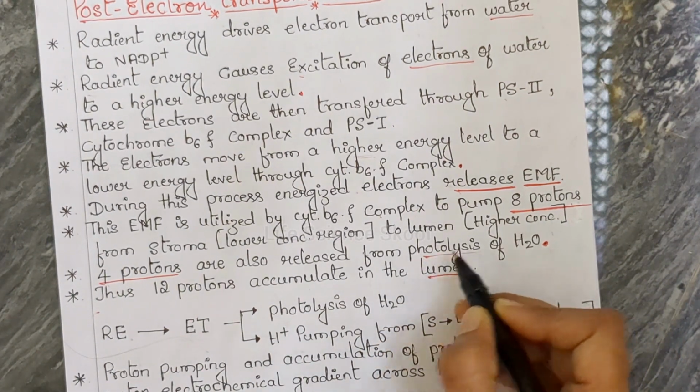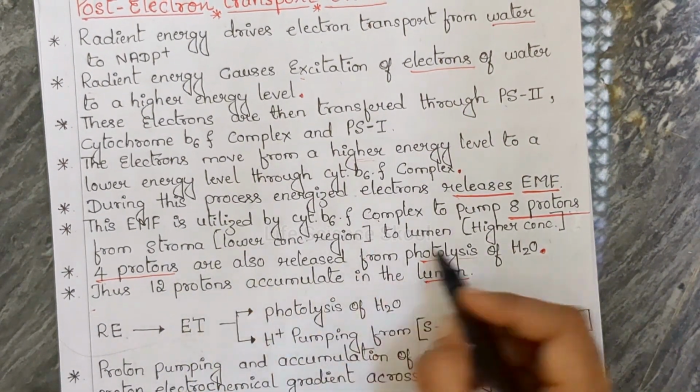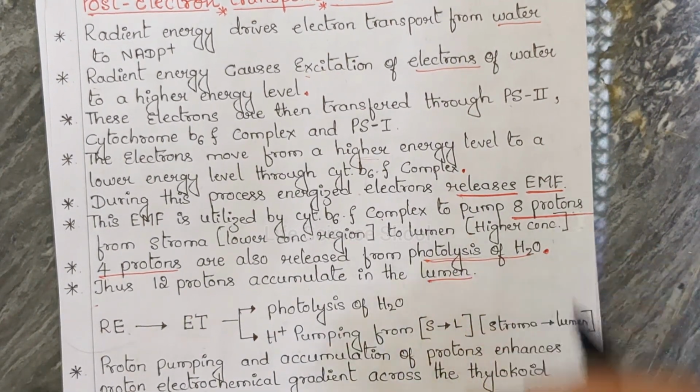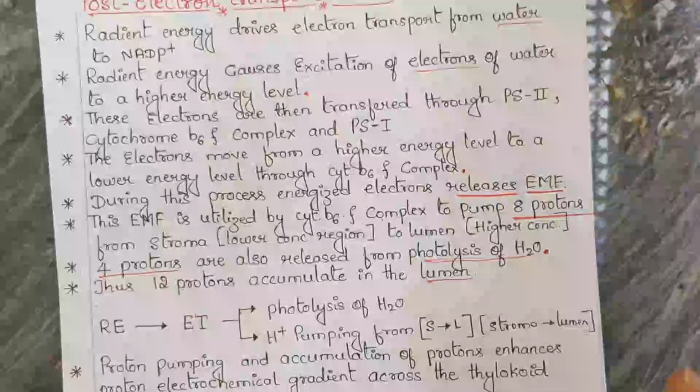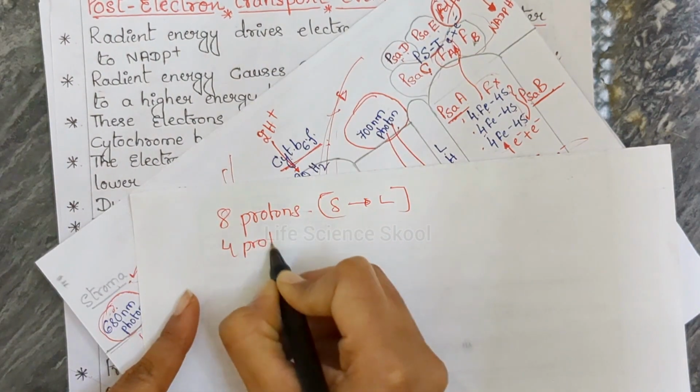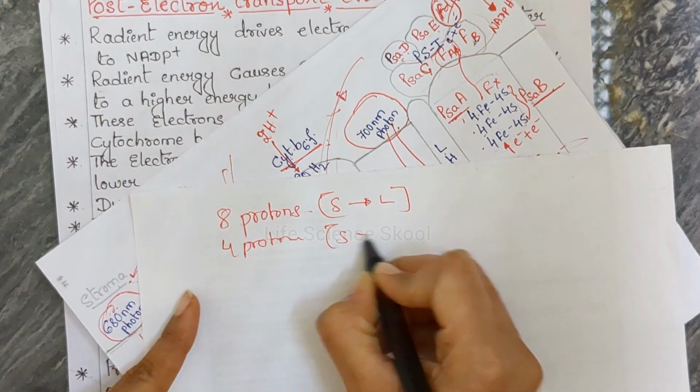I have explained the photolysis steps in detail in the previous video; if you want to know about it, you can watch that video. By photolysis of water, 4 protons are released into the lumen.